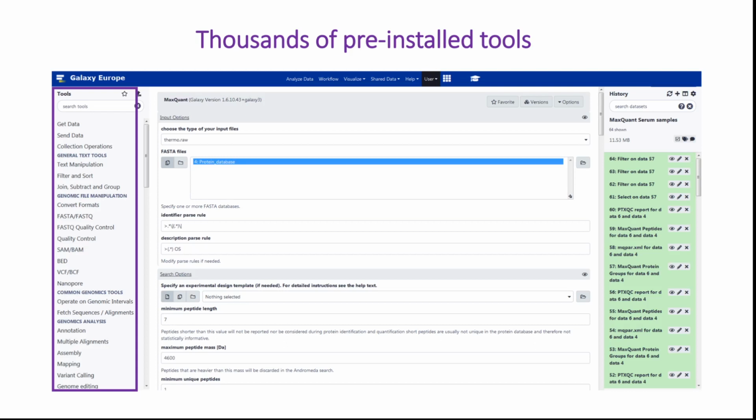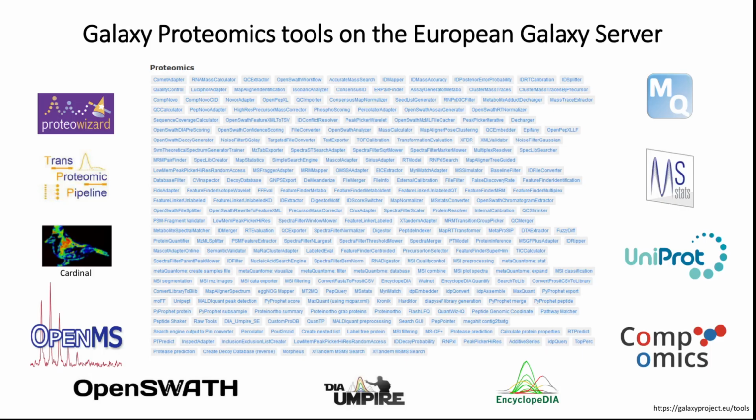They can be either searched or you can look at the different tool categories and search for your tool manually. Then in the middle is the main panel, where typically if you click on a tool, it opens there and you can specify all the parameters.